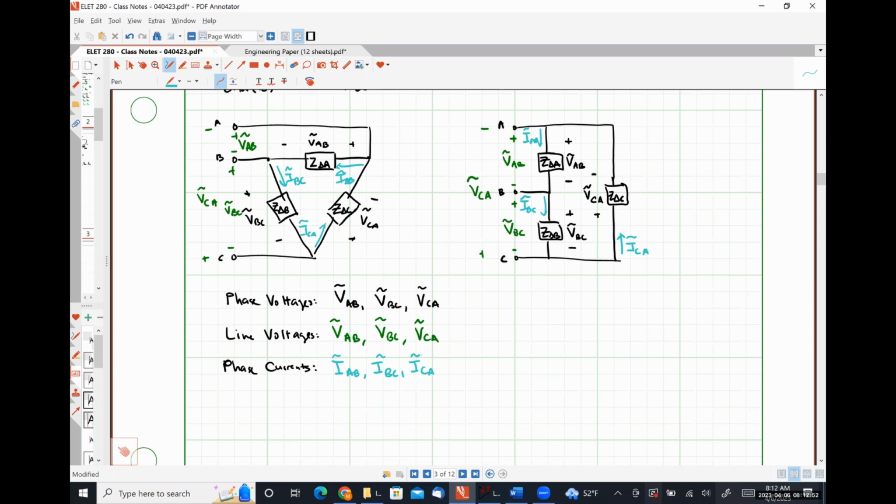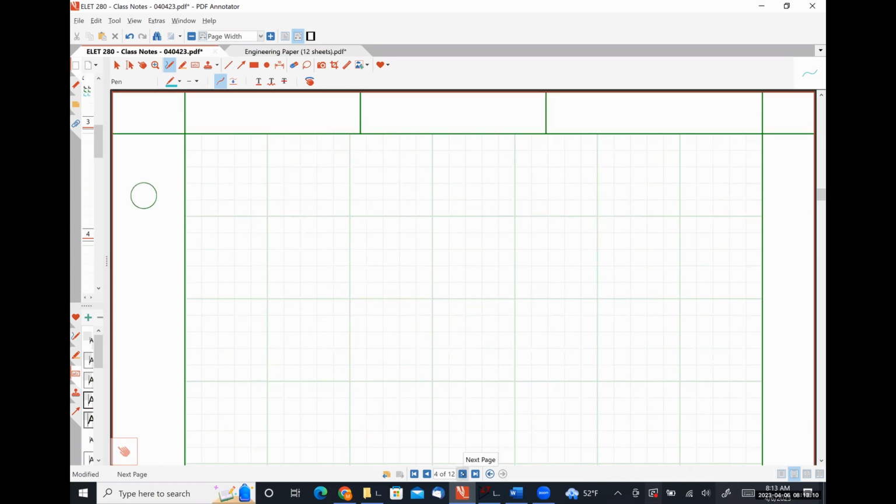And I'm going to expect you to understand what quantities I'm asking for, which is why I went through the trouble of defining literally every possible quantity that I could be looking for on these figures, right? Okay, so let's move along to balanced three-phase circuit analysis.